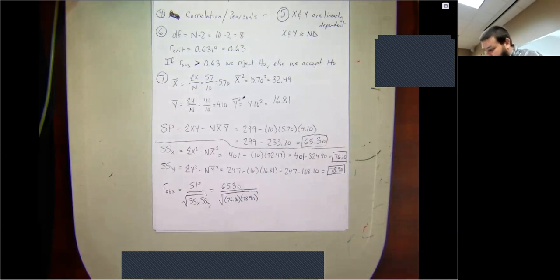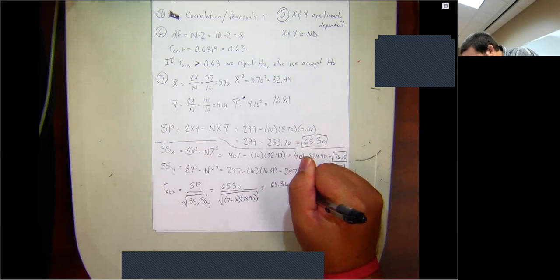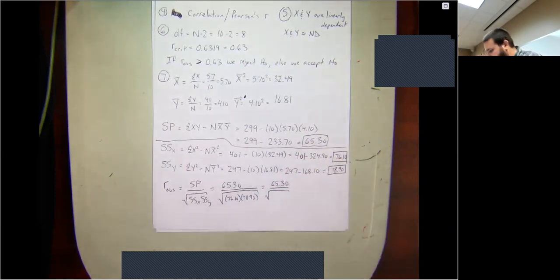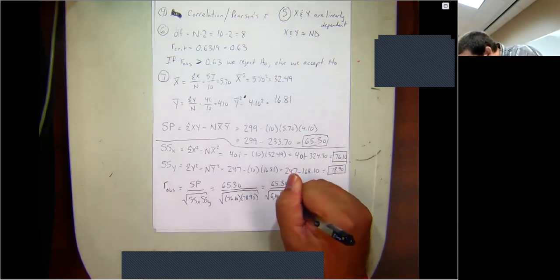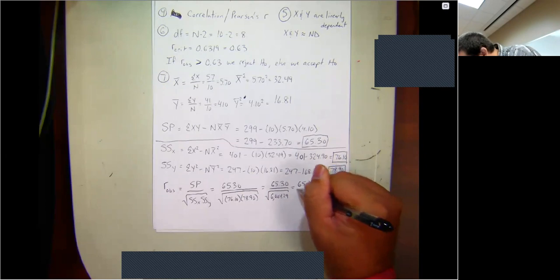Then we just work the math. On top, we're going to leave 65.3 alone for a while before we solve the bottom. Take the square root of the bottom. 76.1 times 78.9 is 6,004.29. Now that's a big number, but if we take the square root of it, it's going to get smaller.